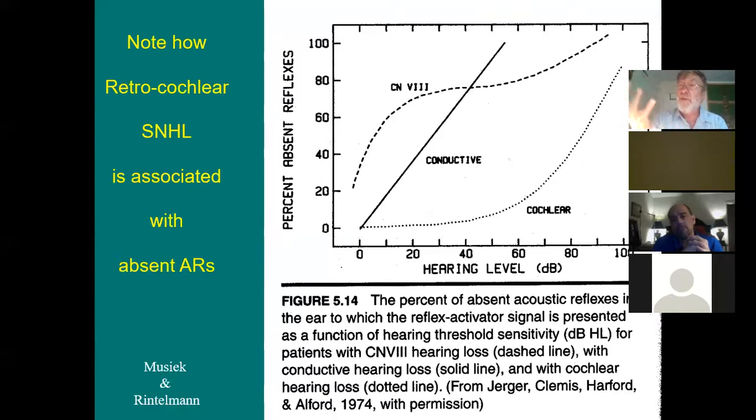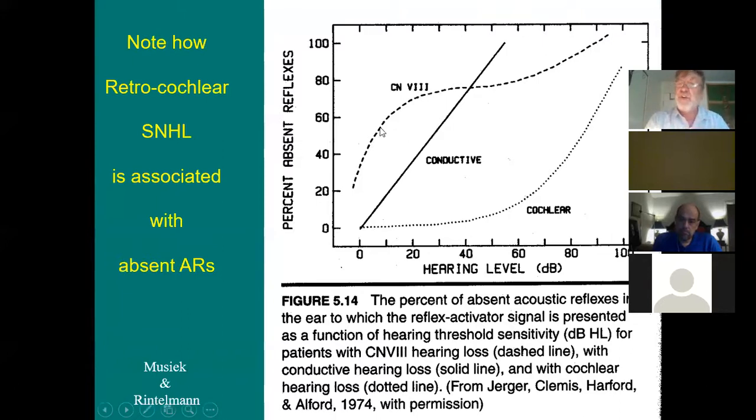Remember, outer hair cell pathology causes a mild to moderate sensory neural loss. By the time your hearing loss gets to be 50 to 60, now inners are beginning to be involved. And once you've got inner hair cell pathology involvement, now you've got a lack of acoustic reflexes happening. So now with severe sensory neural loss, you have a high percentage of absent acoustic reflexes.